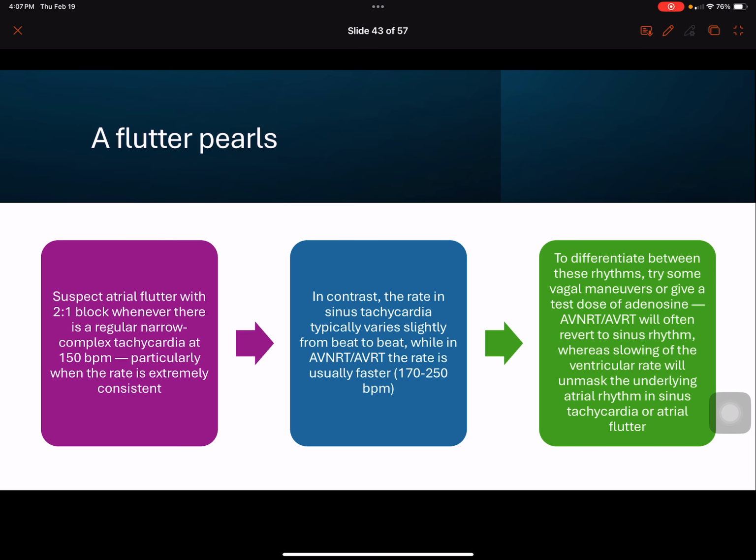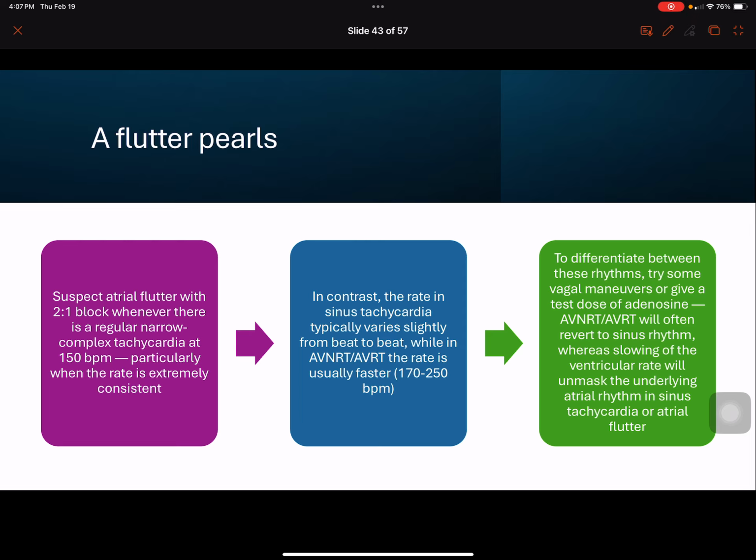All right, some pearls. Suspect atrial flutter, where the most common type is the 2-to-1 block, whenever there's a regular narrow complex tachycardia at 150 beats per minute. Generally, the rates are very predictable: 2-to-1 is 150 beats per minute, 1-to-1 is 300 beats per minute, and so on. So anytime you see a very consistent beat at 150 beats per minute, think A flutter.